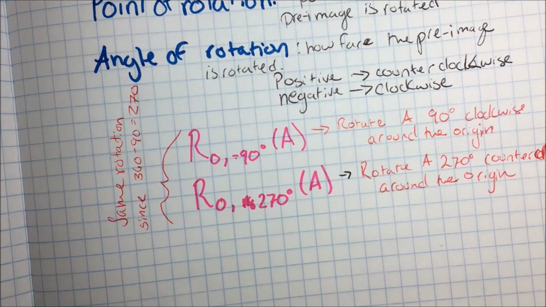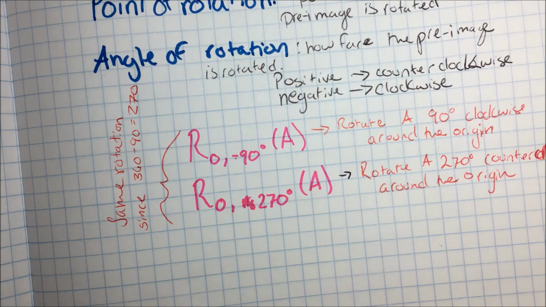So we've talked about what the notation looks like. Let's figure out what the formulas are for rotating around the origin. Okay, because there are specific formulas for each of these. So I'm going to make a nice little coordinate grid off to the side.